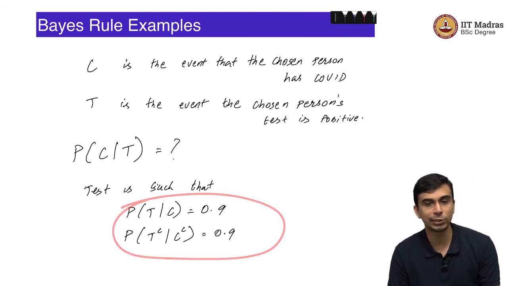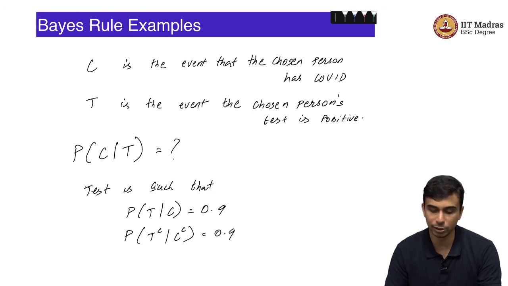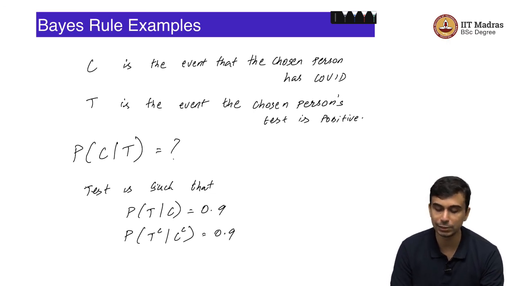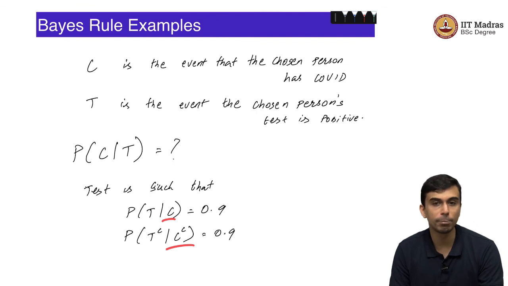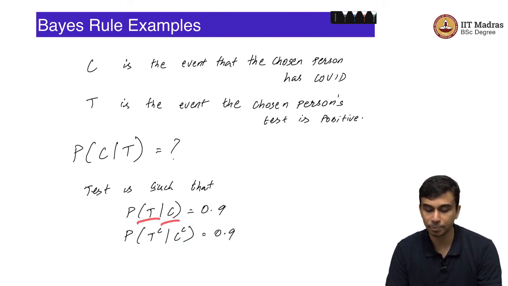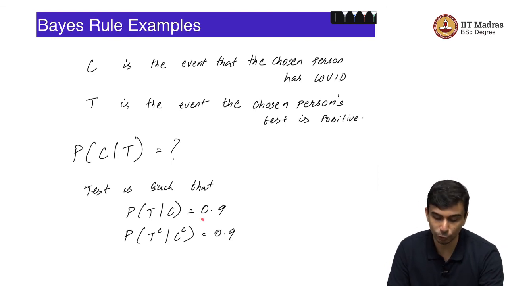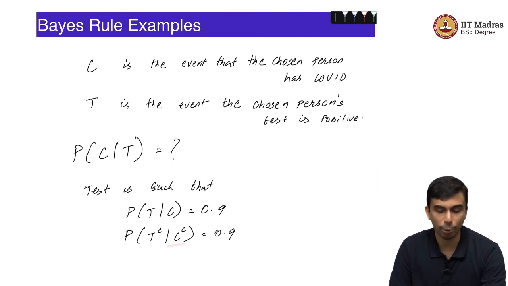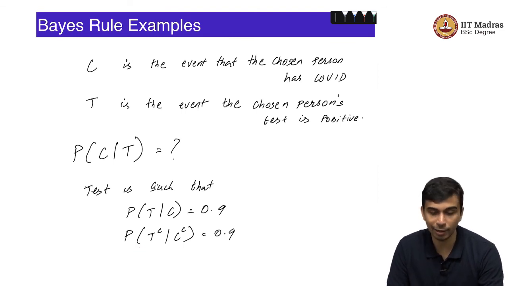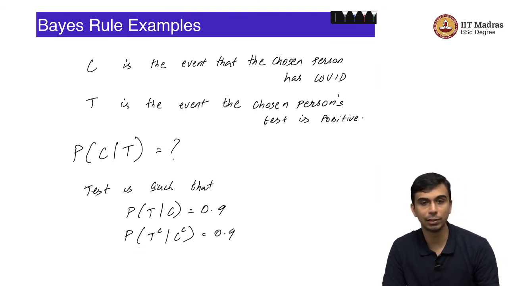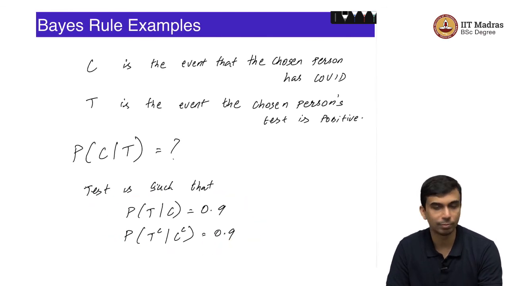Let's say the test manufacturers have done statistics and this is what they give you: probability of T given C is equal to 0.9 and probability of T complement given C complement is also 0.9. What does this mean? If the tested person truly has COVID, then with 0.9 probability the test will be positive. If the tested person truly does not have COVID, then the test will say negative with 90% chance.